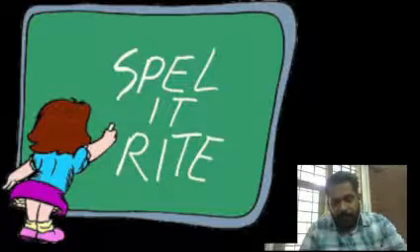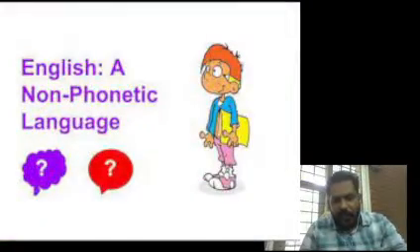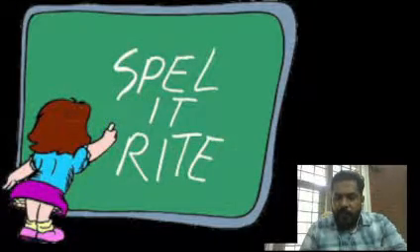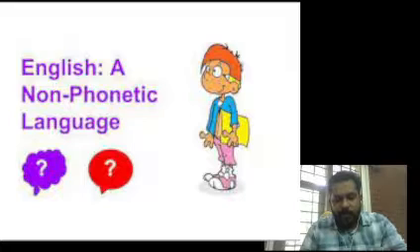But in English there are 44 speech sounds or phonemes, including 24 consonant sounds and 20 vowel sounds, and only 26 alphabets or letters to represent those 44 speech sounds. That's why English is considered an unphonetic language.